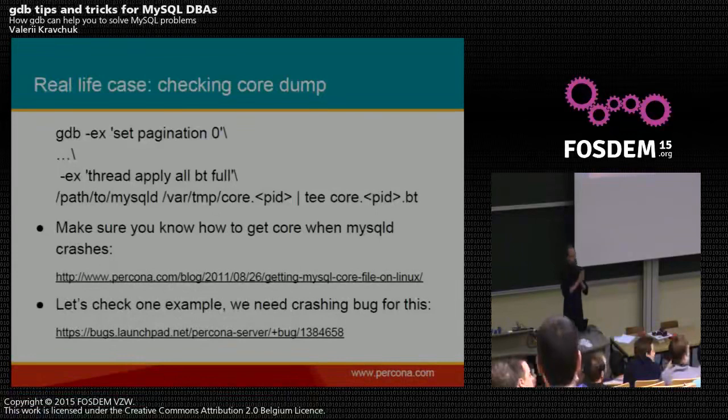If you plan to work on that, I would ask you to train yourself on a test instance first. Make sure that the core dump is created. And if you are curious how to crash MySQL, maybe you don't know, here is a link to a crashing bug that crashes both Percona Server optimized binaries and upstream MySQL. The test case is there, so it's public.